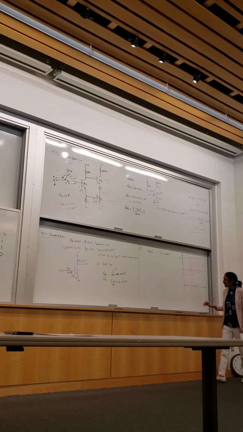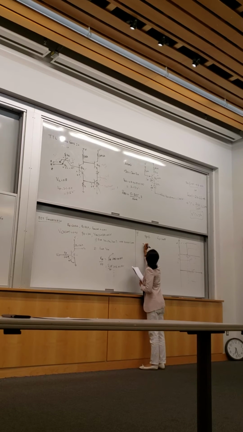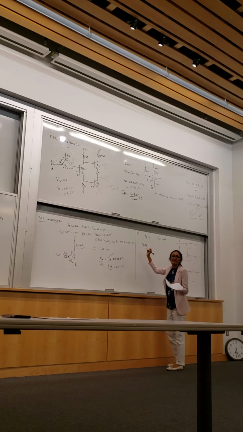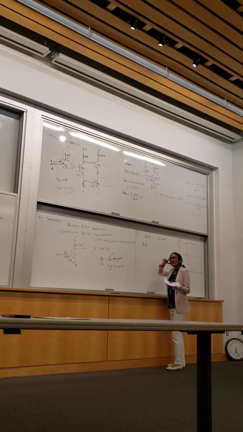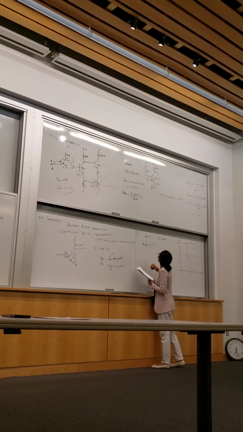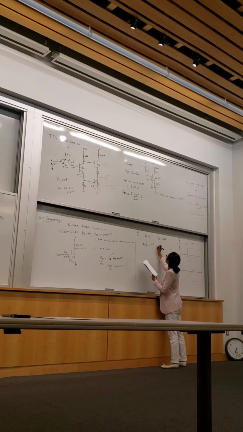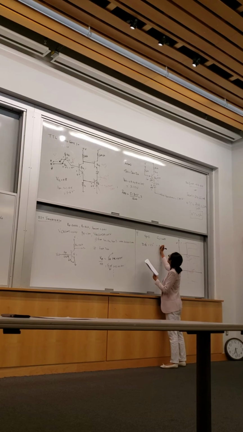Now if you remember that one formula, I think I provided this in the formula sheet as well. This is C V dot, and I can write this as Q_CB.